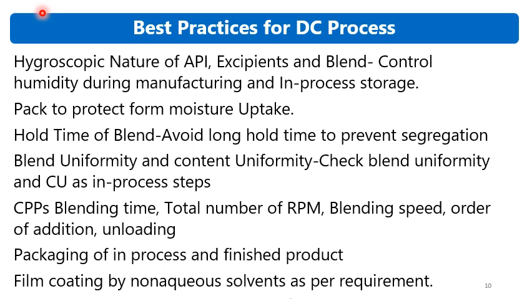Critical process parameters are blending time, total number of revolutions, blending speed and order of addition of the raw materials. What you are going to add first in the blender and what you are going to add last will also matter.